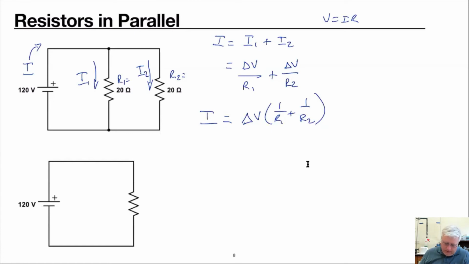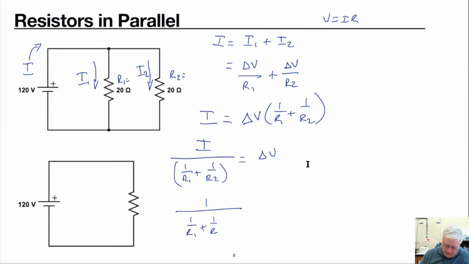And so if we solve for R here, we divide by delta V and put the I over there. 1 over R1 plus 1 over R2 equals delta V over I. Okay, and V over I is R, right?